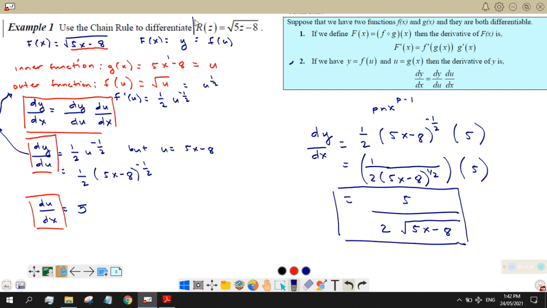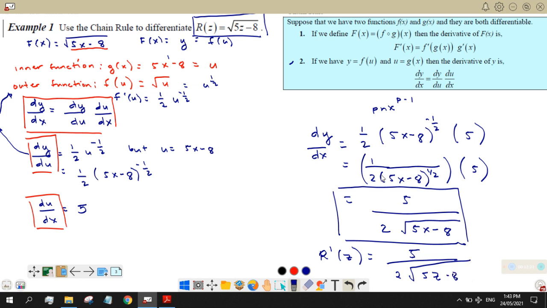But, isa pa nga pala, since we are after the variable z, the derivative of r of z is actually equal to 5 over 2 square root of 5z minus 8.